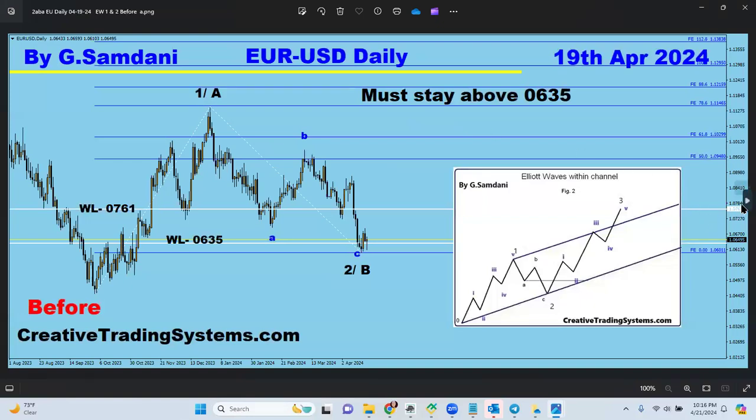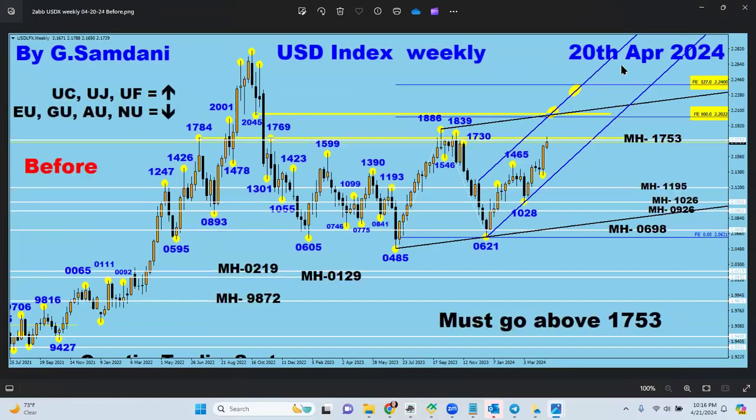So I made another version just yesterday. In case USD breaks 1753 and goes to the upside, it's going to go here first, and second maybe here. The first target would be here, and with that, these four pairs are going to go down, and these three pairs will go up.